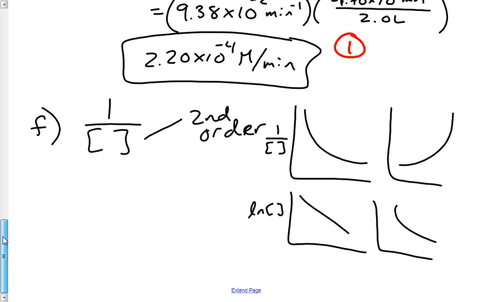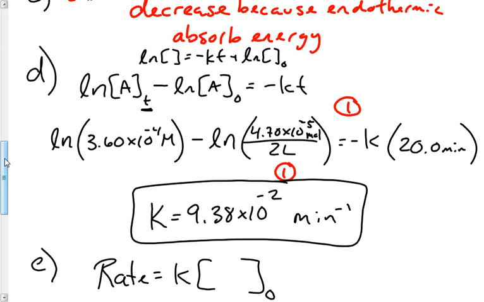Where can I get that hint from? If you have your orange sheet, look at the second one. You see how it's not a negative K? I just want to make sure that we're feeling good about this.